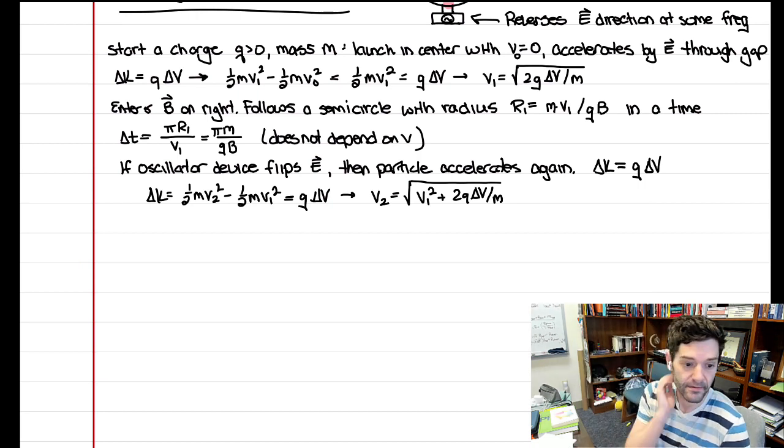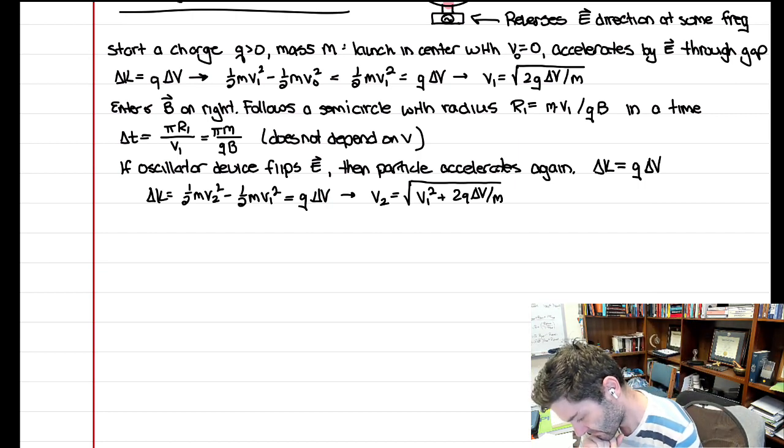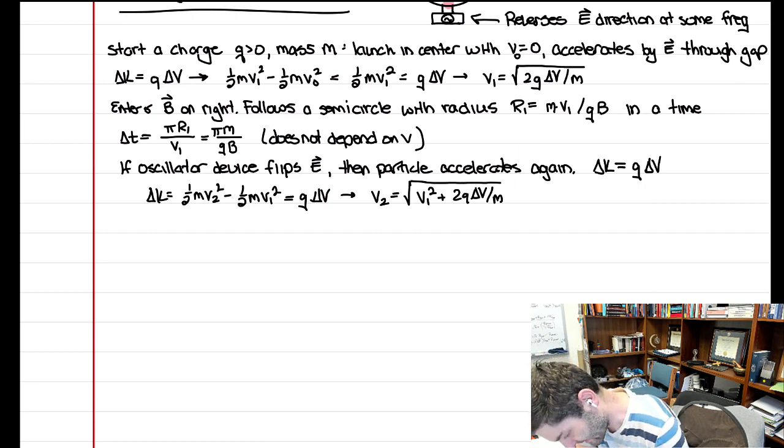But v1 is just the square root of 2q delta V over m. So it turns out that this just ends up being the square root of 2 times 2q delta V over m.